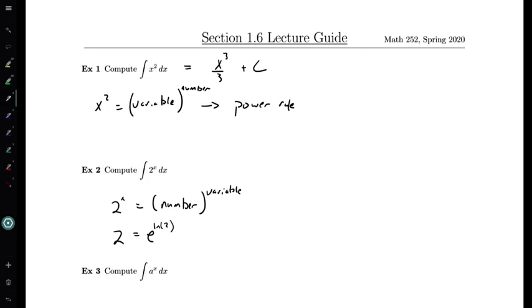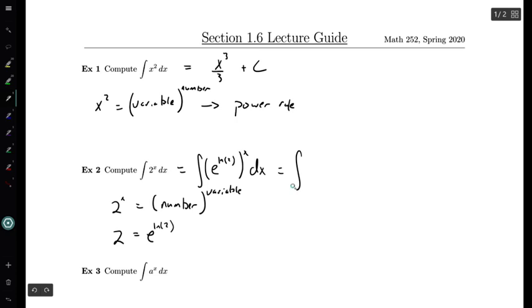If I use this rewritten form of 2 in the integral, I can say this is e to the natural log of 2, all raised to the x power. And then one of my exponent rules says if I have repeated exponentiation, so something to a power to another power, I can multiply these two powers.